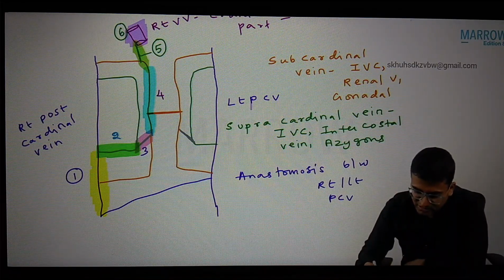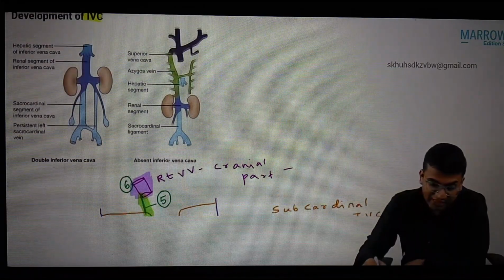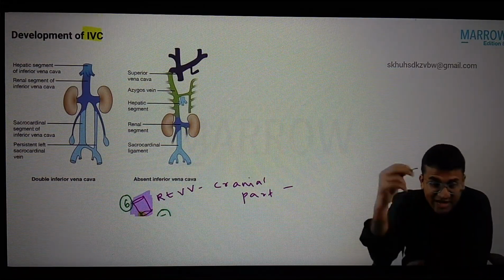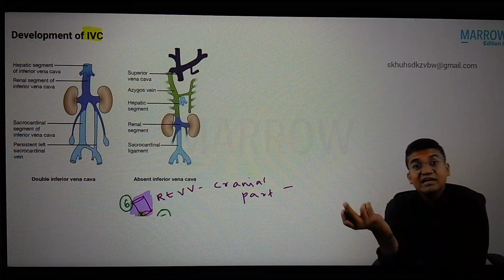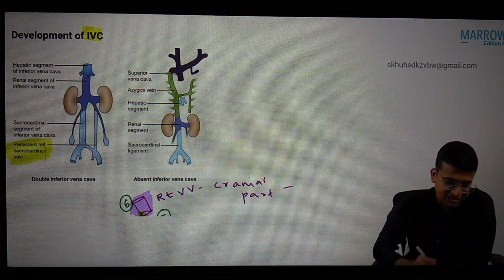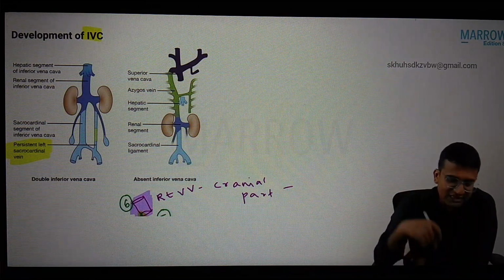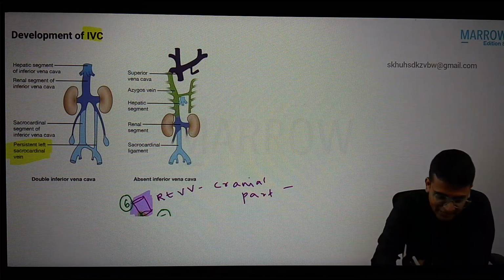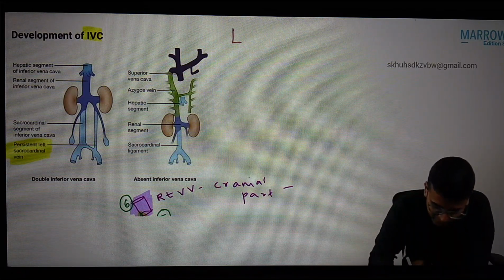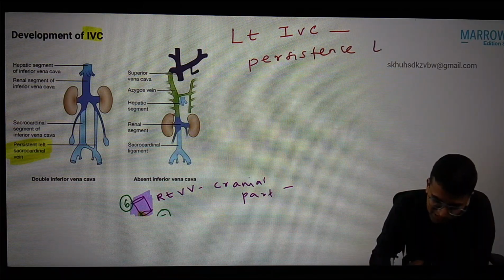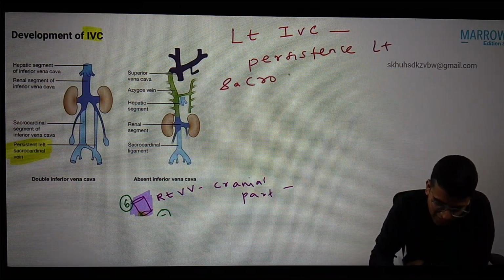Now sometimes the patient may have double inferior vena cava, double IVC, that is mainly due to persistence of left sacrocardinal vein. So left sacrocardinal vein persists, which in turn forms the left side inferior vena cava. So please write, the left side IVC is due to persistence of left sacrocardinal vein.